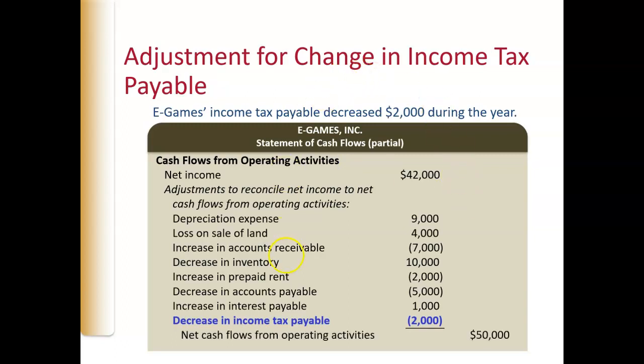So we show all these adjustments and we take our $42,000 plus our $9,000 plus our $4,000 minus our $7,000 plus our $10,000 minus our $2,000 minus our $5,000 plus our $1,000 minus our $2,000, and we get $50,000. Okay?